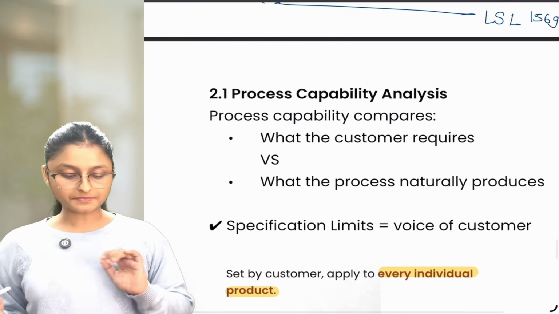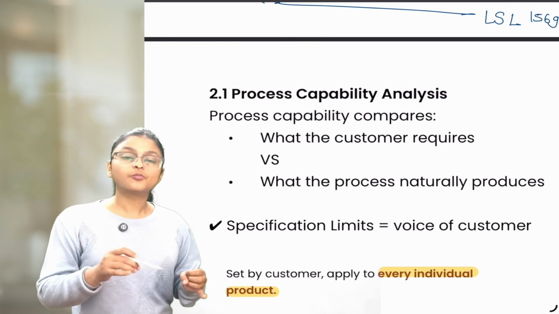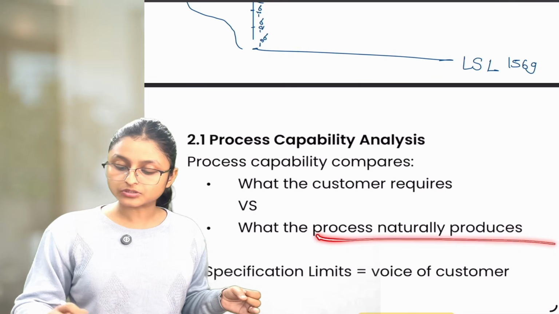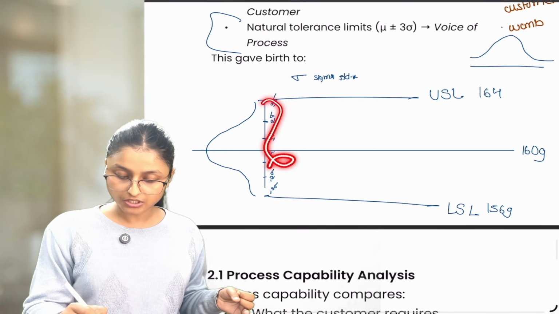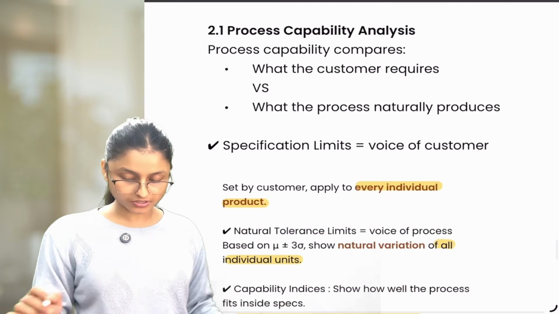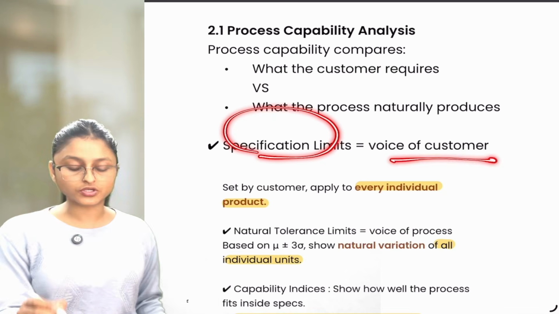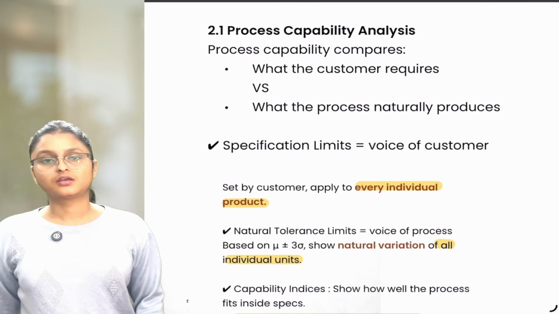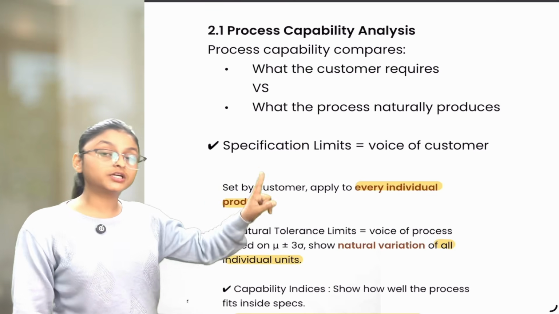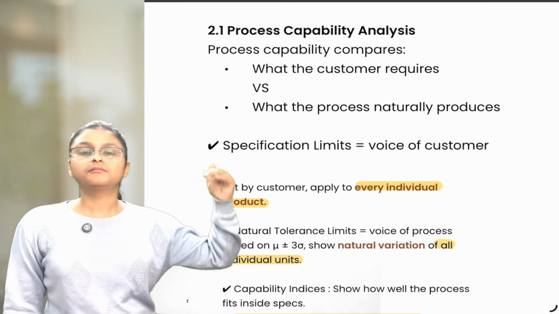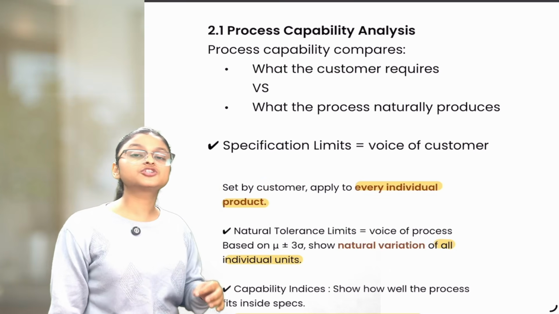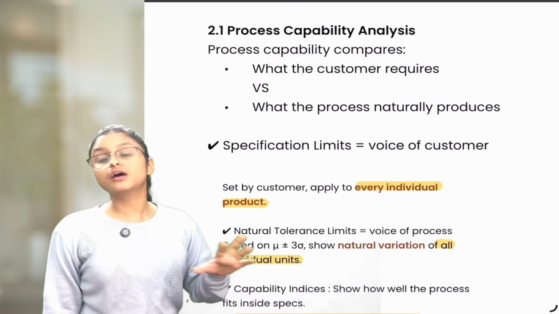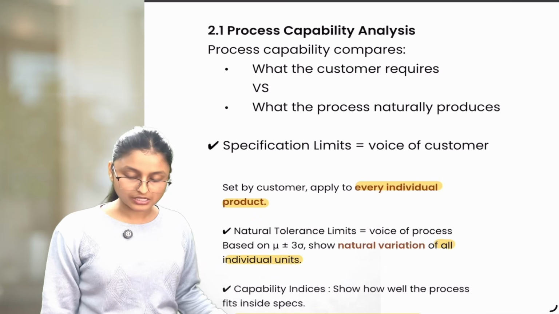Now, process capability analysis compares what the customer requires, which is the specification limits, and what the process naturally produces, which is the natural tolerance limit. Specification limit is the voice of the customer, applied to every individual product. Statistical quality control was about samples, but in process capability we are checking every product, because every product should match the customer's requirement, otherwise they are not going to buy it.